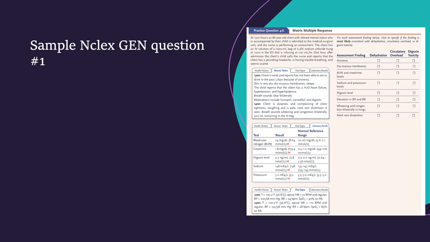It doesn't even say that the nurse gave the patient digoxin, but guess what? This would be a perfect time to see, do you know your medications? All right, before I shout out the answers, I'm going to give you guys 30 seconds just to see if you can answer the question. And you only pick one per assessment finding.